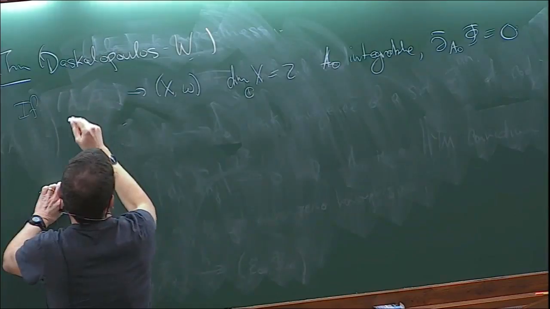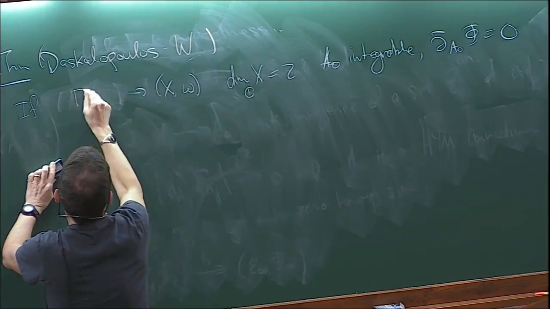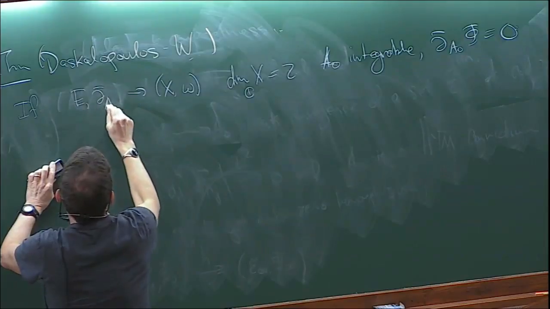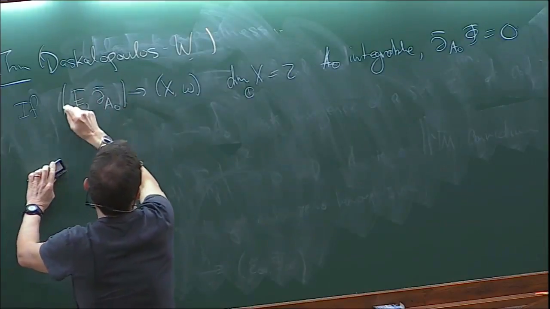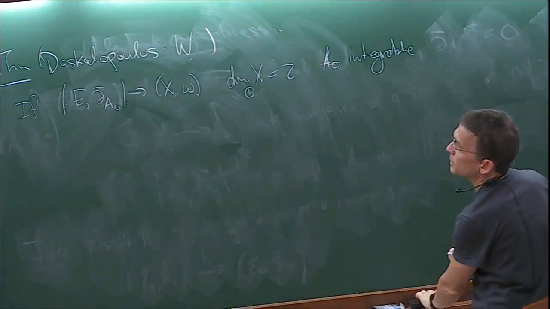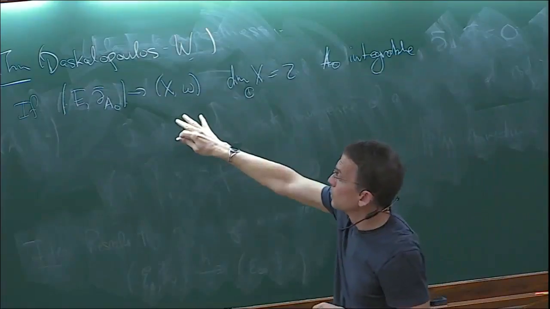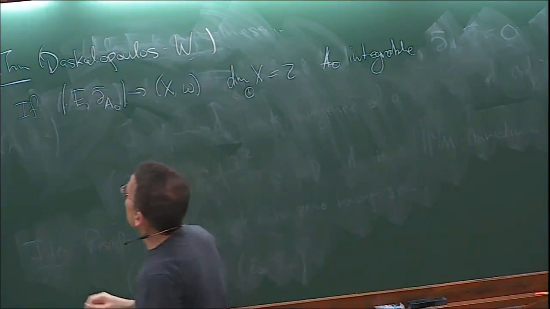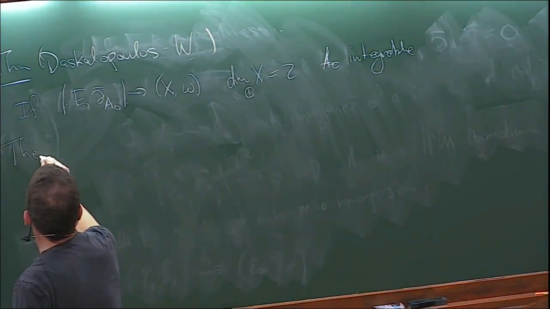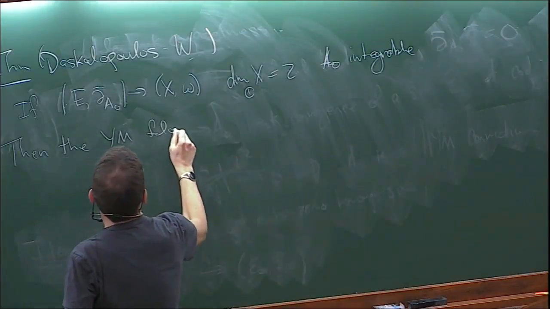So I've got E with a d bar operator A0. Let me just ignore the Higgs field for the moment. So this is an integrable connection, an original holomorphic bundle. Then the statement is that the Yang-Mills flow converges smoothly.